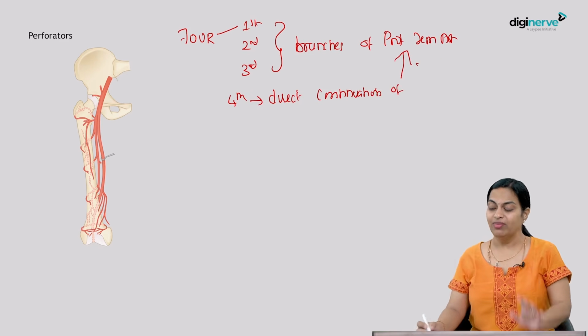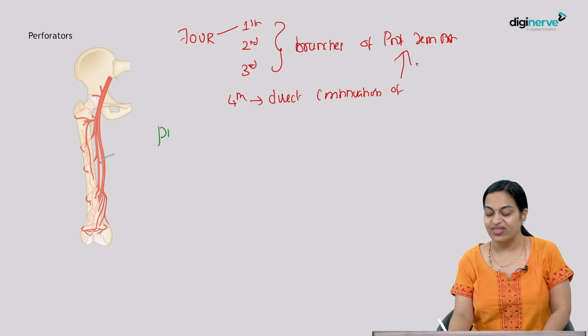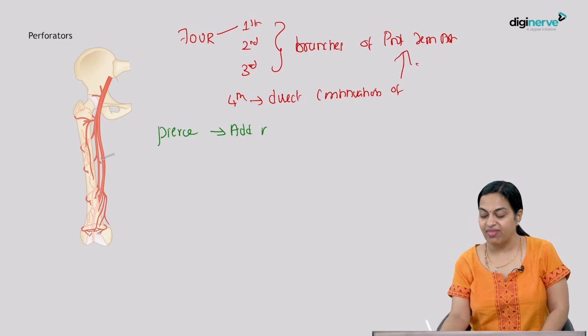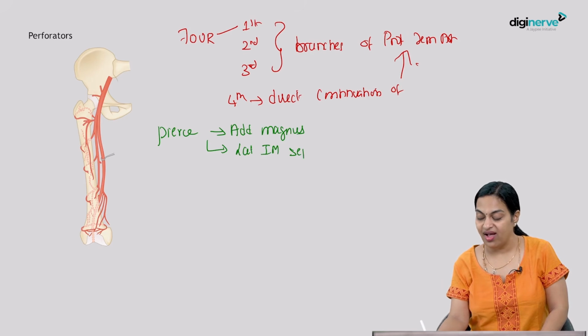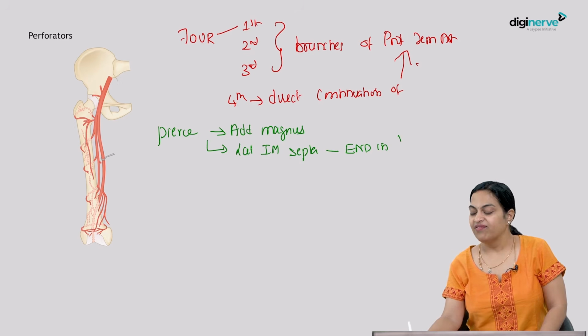Now, you can tell me, why are they called perforators? Because these arteries pierce adductor magnus, they pierce lateral intermuscular septa, and finally, they end in vastus lateralis.